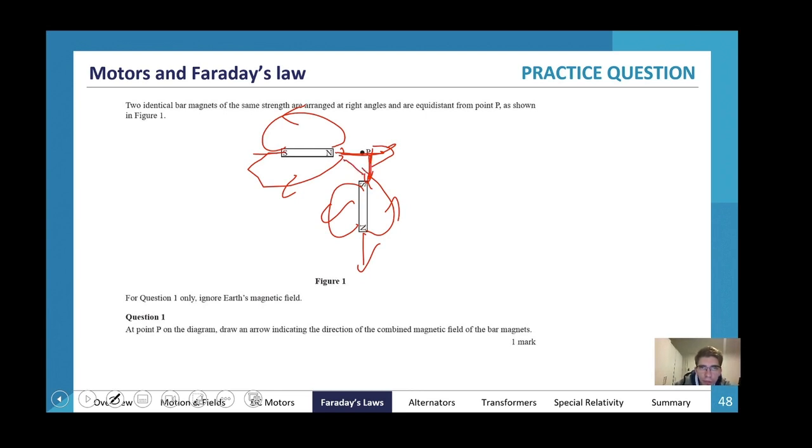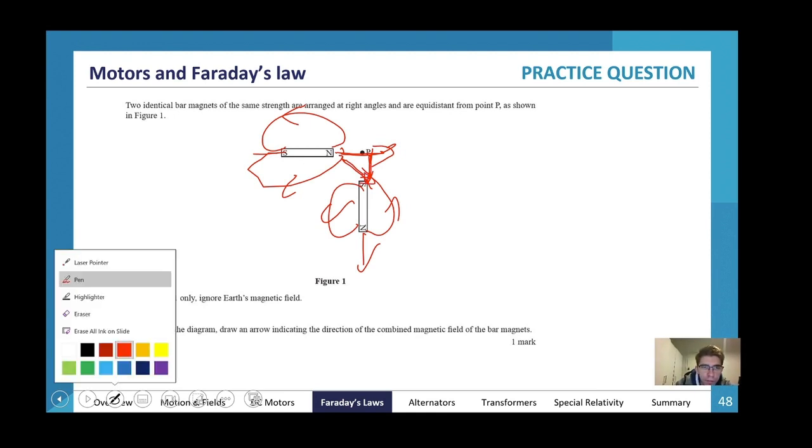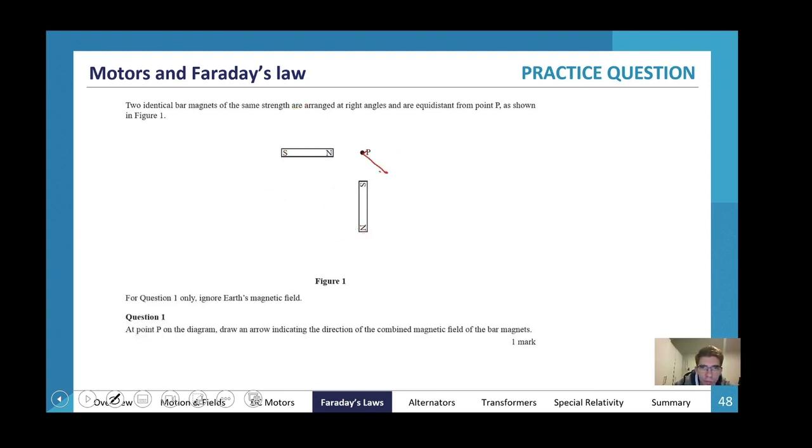The head to tail method tells us that the arrow is going diagonally down. If we displace that at point P, it would be like that. I know, it's a bit of an annoying question, but it is what it is. That's how we have to deal with it.